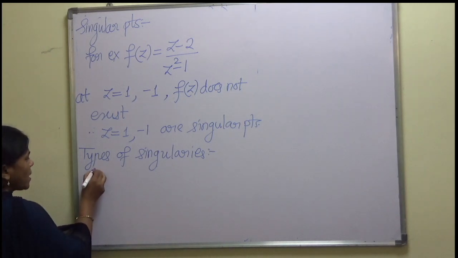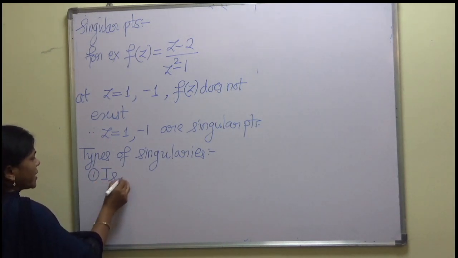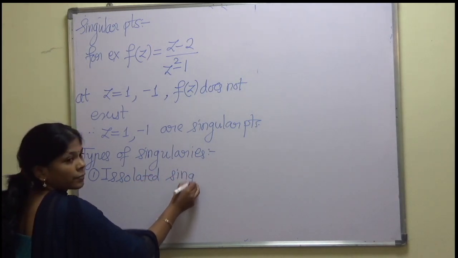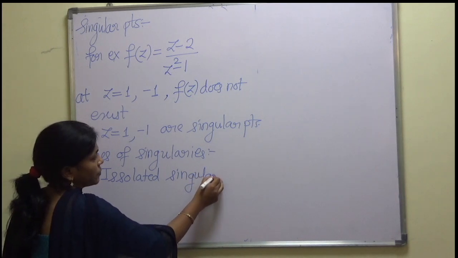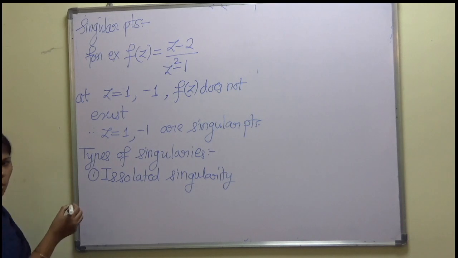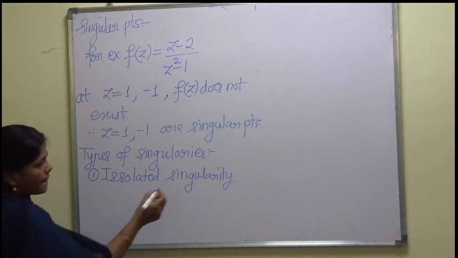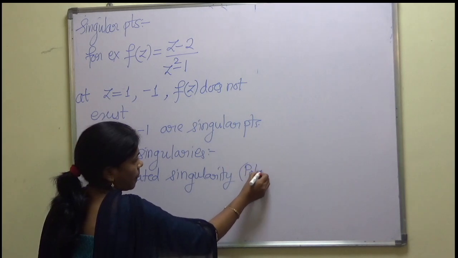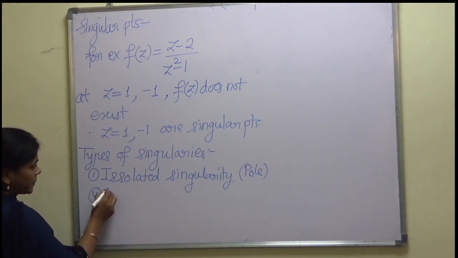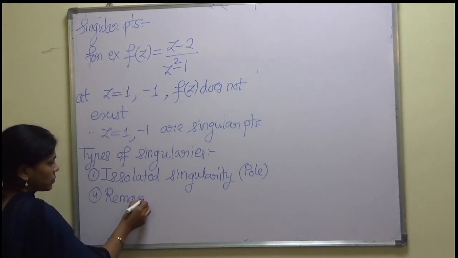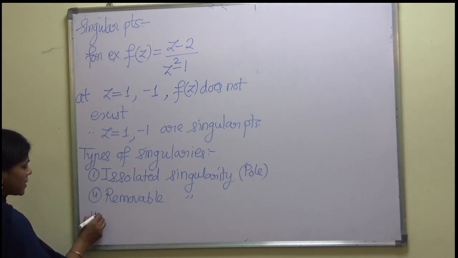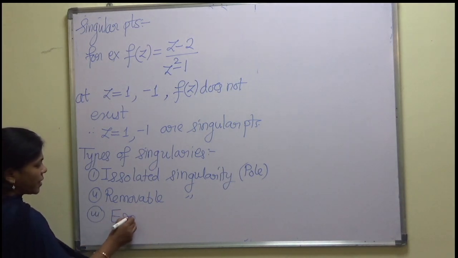The first one is isolated singularity, also called a pole. The second is removable singularity. And the third one is essential singularity.